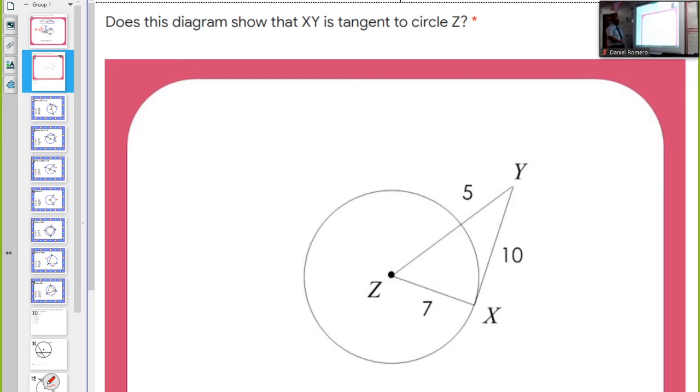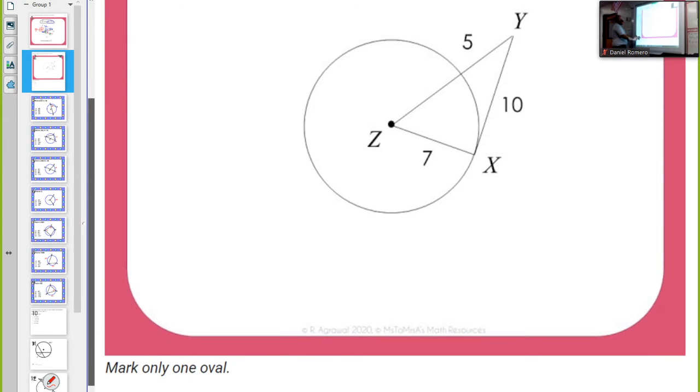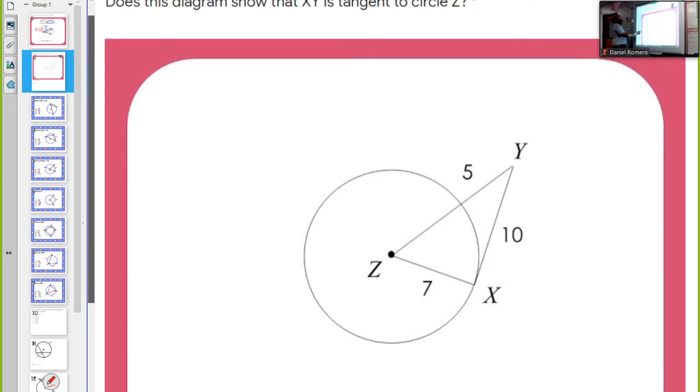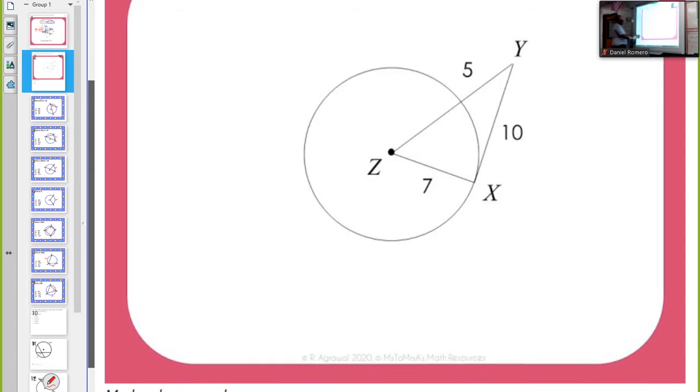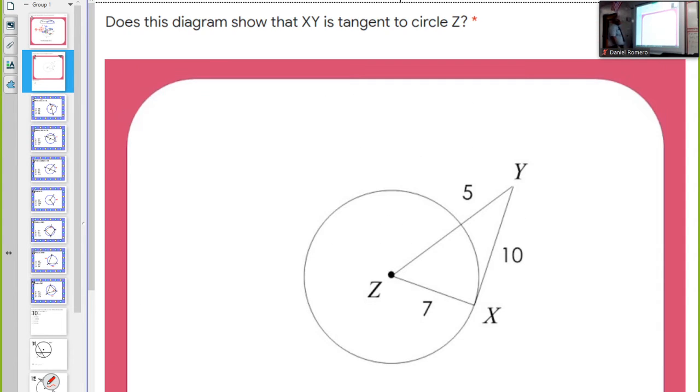All right, this might have been missed the most. Maybe it wasn't, because somebody could have guessed this one. This is a yes or no question, and it was just: is this tangent to the circle?